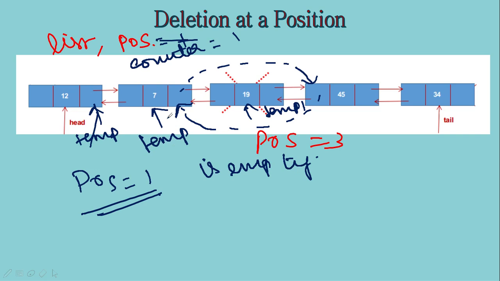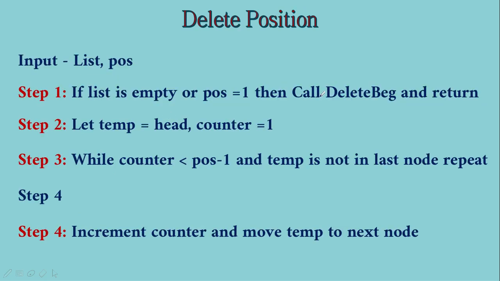And one more thing that we have to handle is when there is only one node. When there is only one node in the doubly linked list, we have to consider that as a separate case so that it will be deleted, but that is the case when your position also should be 1, otherwise you will be in trouble.